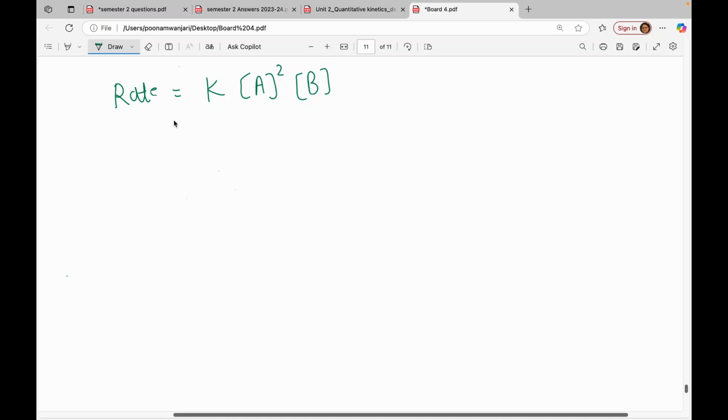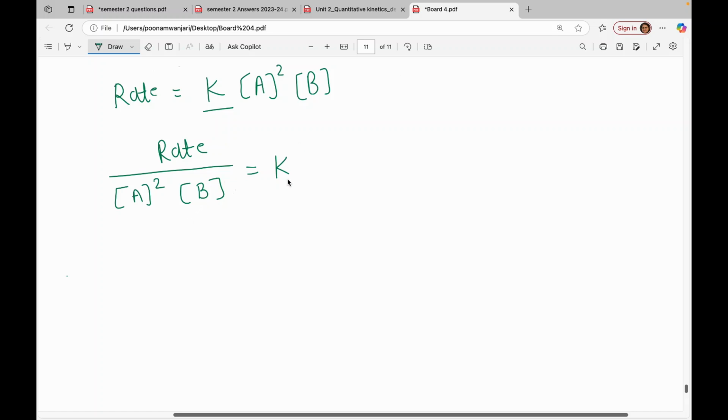Here we have to rearrange this equation because we need to find the unit for the rate constant. So K is equal to rate divided by concentration of A raised to the power 2 and concentration of B.